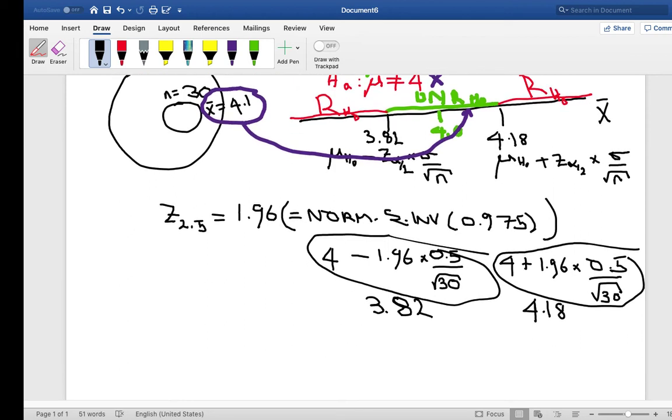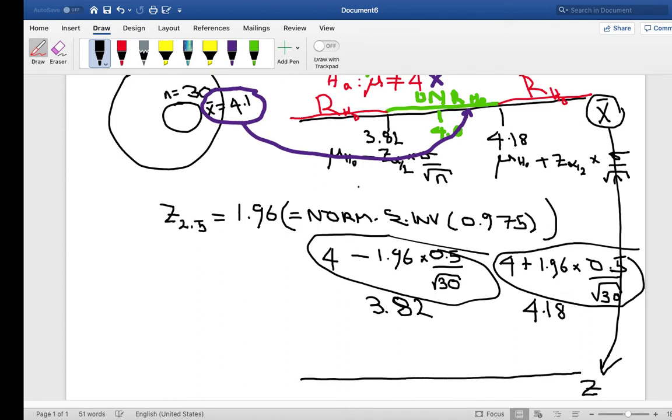What people want to do is cut down the amount of work they do. So they do something that looks fairly similar, but instead of using the X bar units, they change over to the Z units, which are the standard normal units. They just want to rescale it, and the reason they do that actually saves them doing a lot of work.